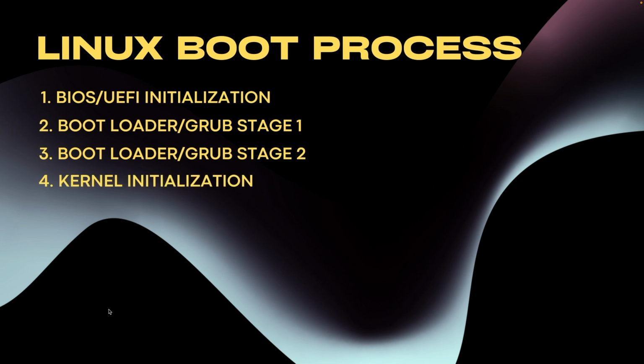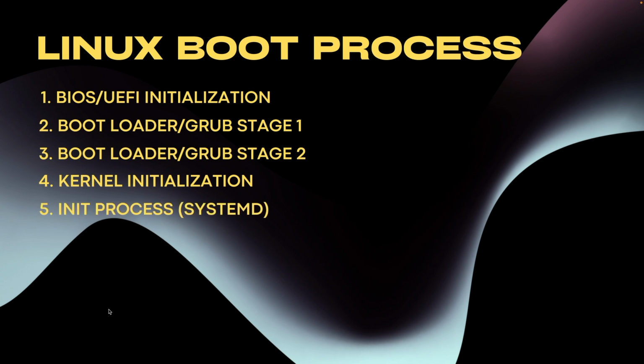Once the kernel image and initramfs are loaded into memory, the Linux kernel starts executing. The kernel performs hardware detection and initialization, such as identifying the CPU, memory, storage devices and other hardware components. It mounts the root file system, which contains the operating system's files.